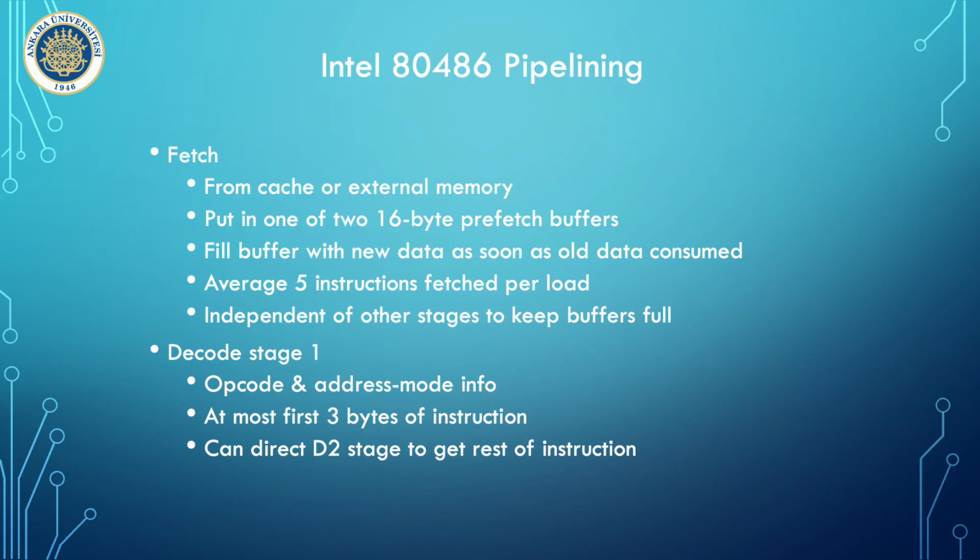The CPU works to keep these buffers full so that the decode and execute stages rarely have to wait. Decode stage 1 examines the opcode and addressing mode information, often using only the first few bytes of the instruction. It prepares control signals and may direct the second decode stage to fetch the remaining bytes.